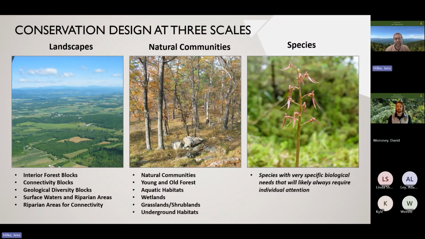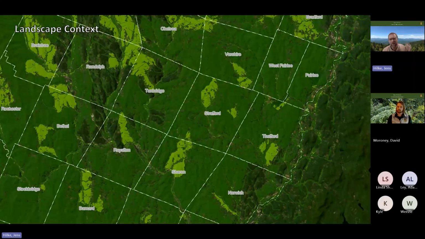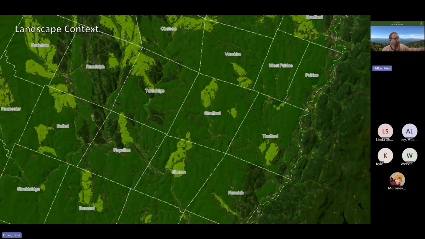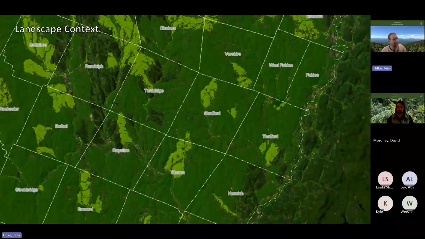So what I think is really helpful for landowners, for municipal volunteers, is this is the way that VCD gives us context. So when we start at this landscape scale, we get a sense, what are the broad patterns of highest priority area across this section of the Upper Valley?